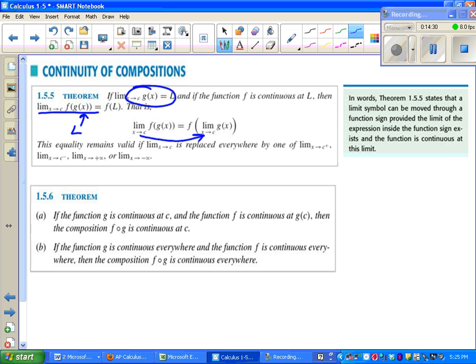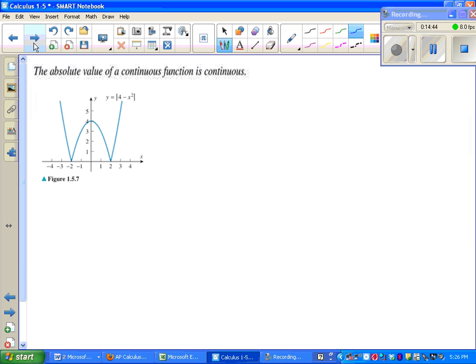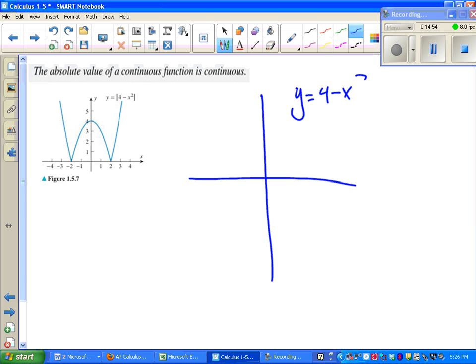Also, one of the nice things, if two functions are continuous everywhere, then their composition is also continuous everywhere. Another thing worth pointing out, if you have an absolute value of a continuous function, the original function in this case would be y equals 4 minus x squared, absolute value of that is just going to reflect across the x-axis.